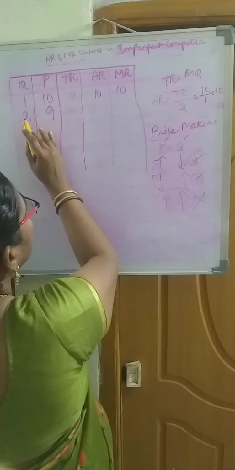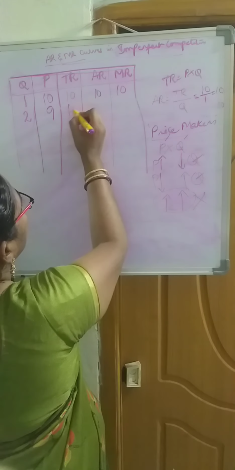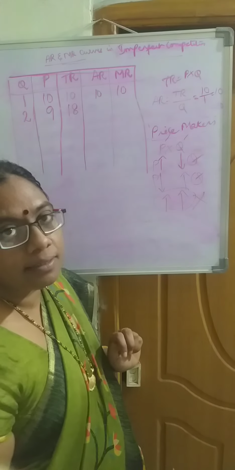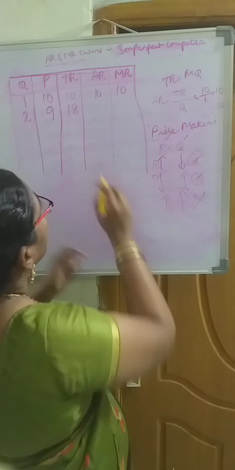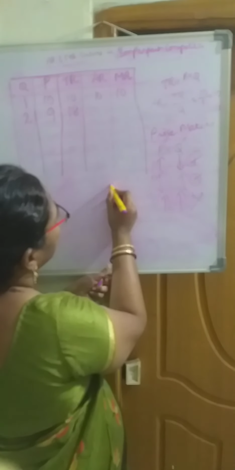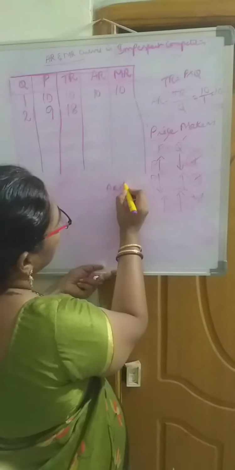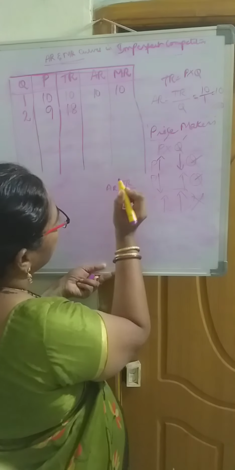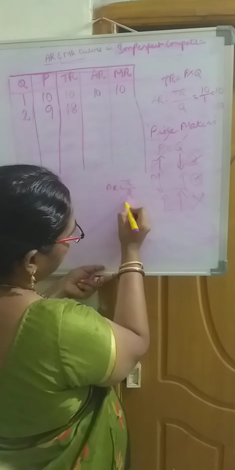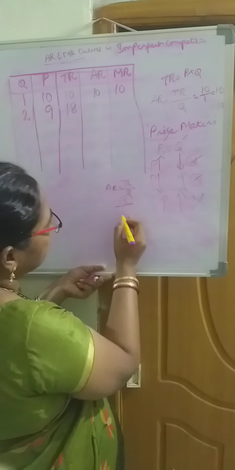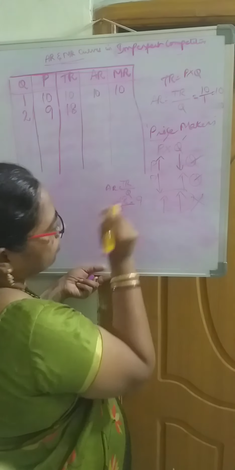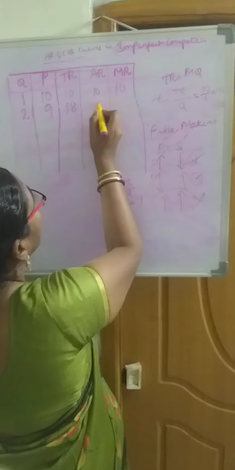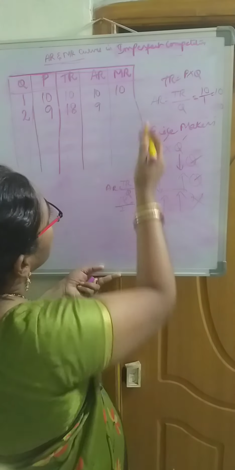So the total revenue is 2 into 9, you get 18. Now what is average revenue? Average revenue is equal to TR by Q, where TR is 18 and quantity sold is 2. 18 by 2 is equal to 9. So AR is 9. What is MR?